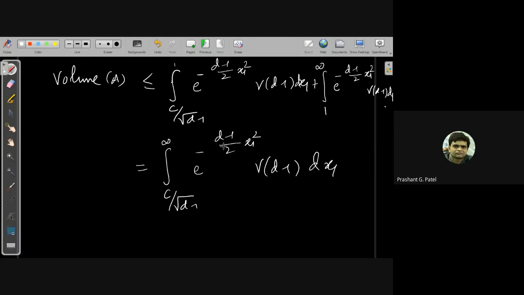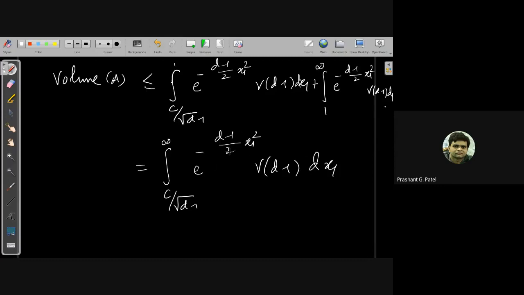Now what we'll do for this one, here I'm adding one more term because I want to integrate this one by integration by parts. I want to integrate this quantity, that is e power minus (d minus 1) x1 square. This v of d minus 1 is independent of x1, so I can take that out.